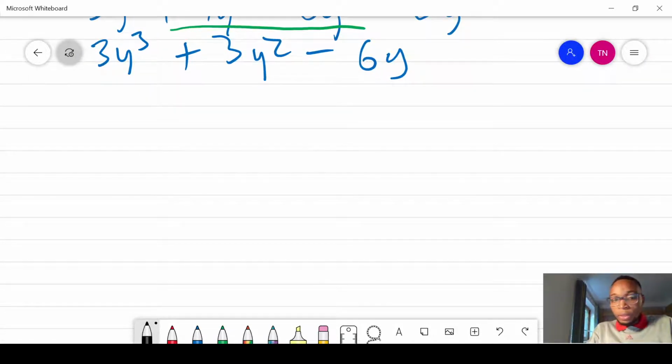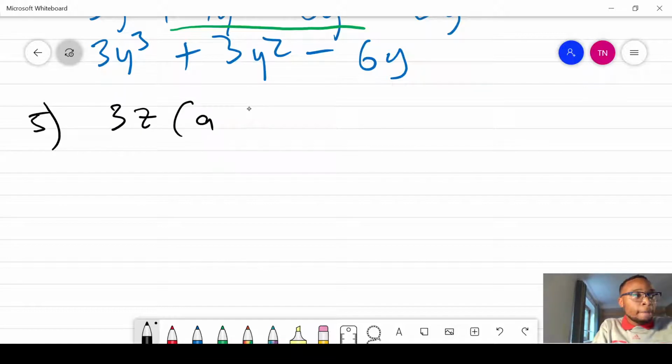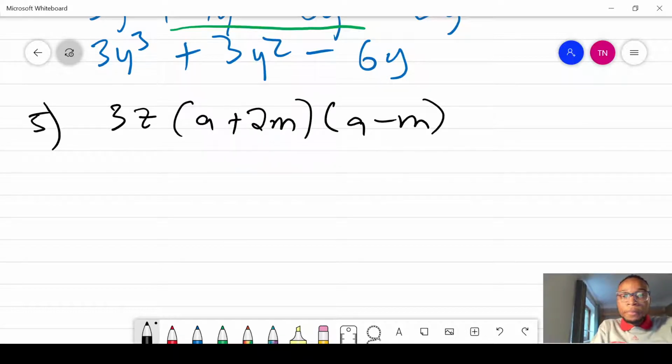So to proceed on to the next example, before we take this another notch up, that is going to be, I think, example number 5. Example number 5 is also fairly simple. That is going to be 3z multiplying a plus 2m multiplying a minus m.